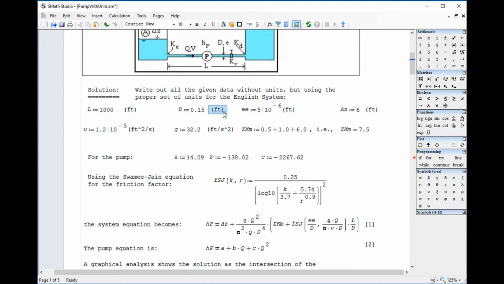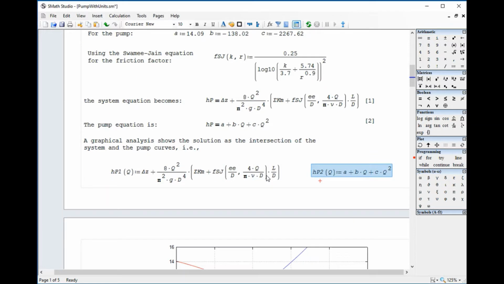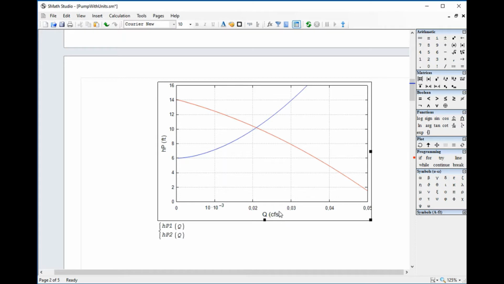If there is any reference to units, it was with text next to it. And we were able to produce these two functions, HP1 of Q and HP2 of Q. And when we plot them, we get these results where the actual values of Q have no units and the head has no units, although in the labels we indicated the appropriate units.